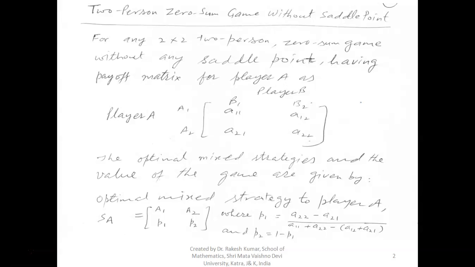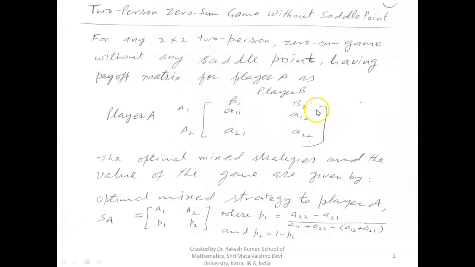So for any 2 cross 2 two-person zero-sum game without saddle point, having payoff matrix for player A, with player A having strategies A1 and A2, and player B also having strategies B1 and B2. This is the payoff matrix to player A: A11, A12, A21, A22.